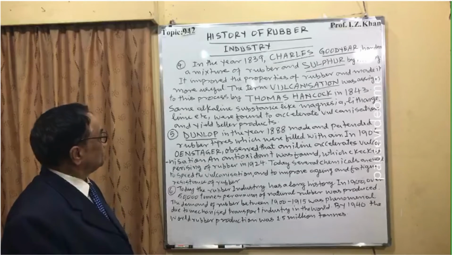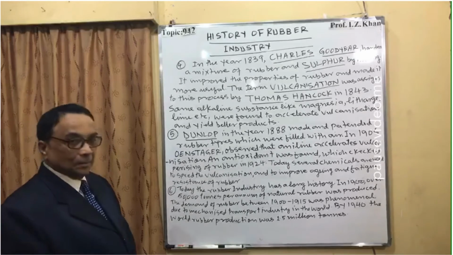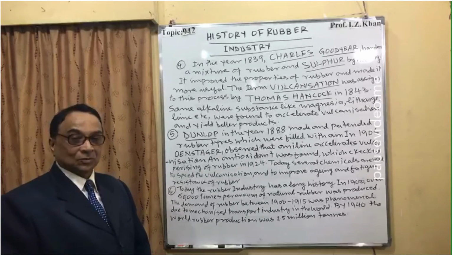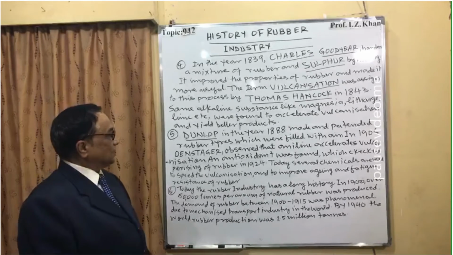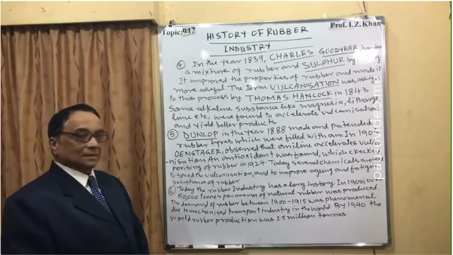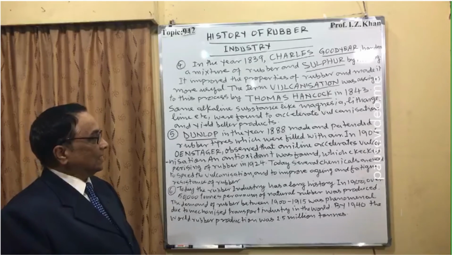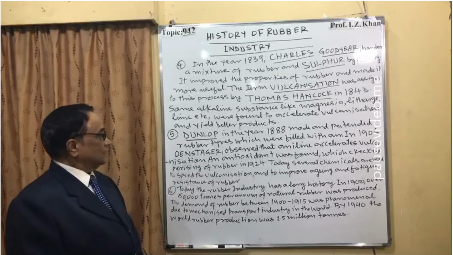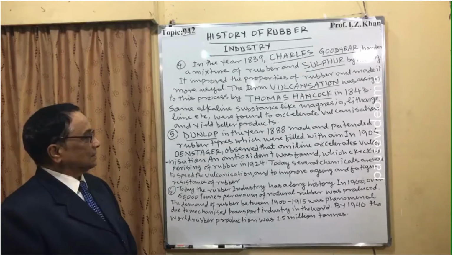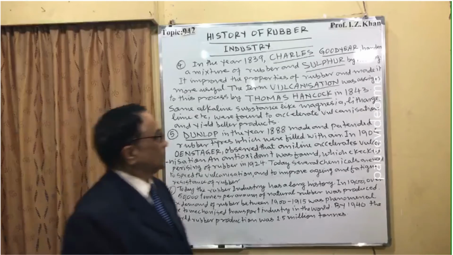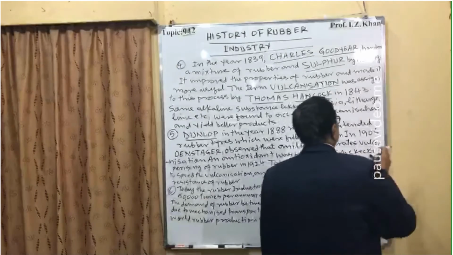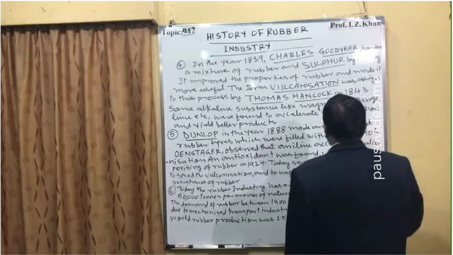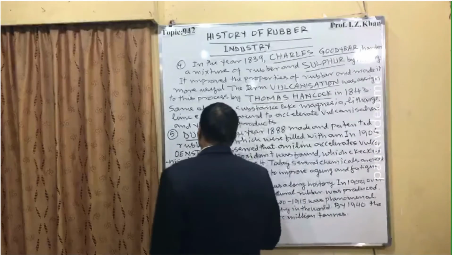Number 5, Dunlop was the person whose name is popular even today, Dunlop tire. Dunlop in the year 1888 made and patented rubber tires. He made the patent of the rubber.